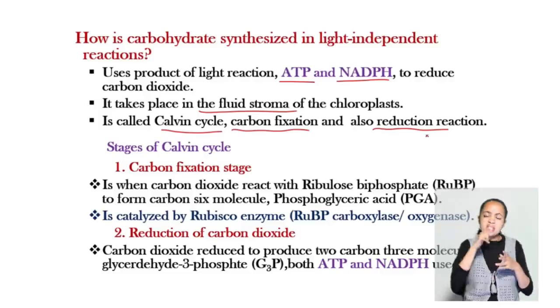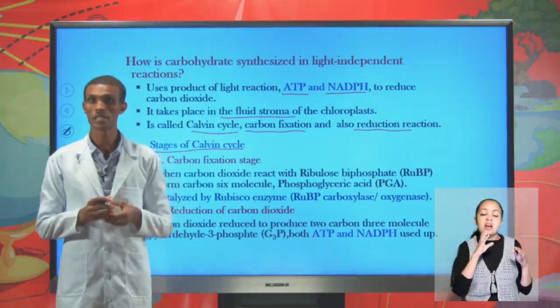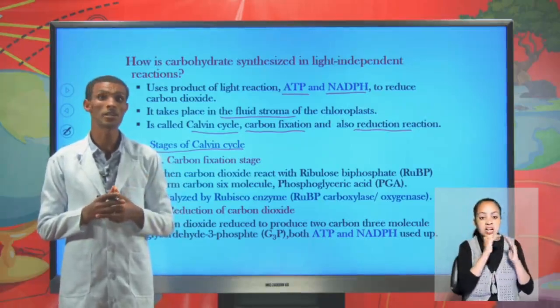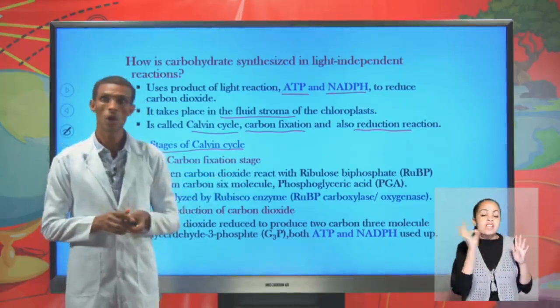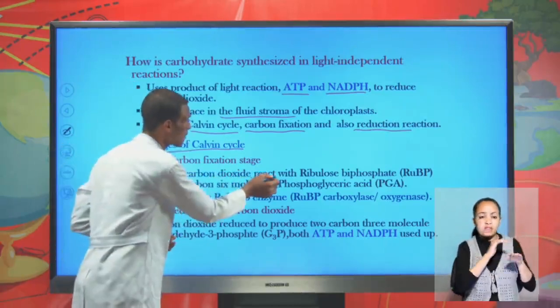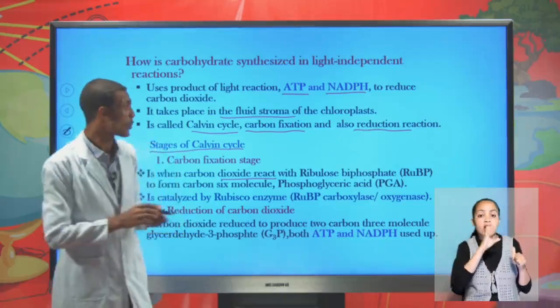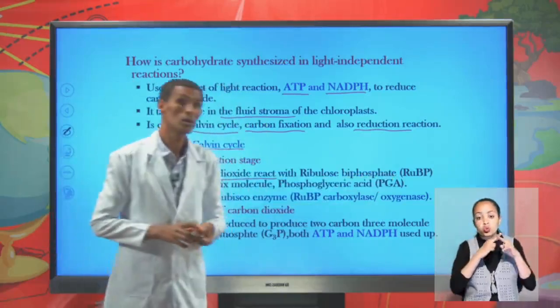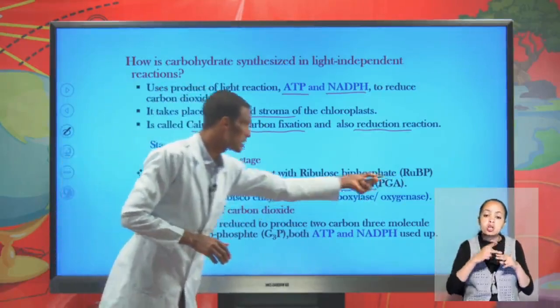There are three main stages in the light independent reaction. These stages are, in order, the carbon fixation stage, the reduction stage, and the regeneration stage. By fixation stage we mean when carbon dioxide is fixed from the atmosphere and reacts with a carbon 5 molecule called ribulose bisphosphate to form a carbon 6 molecule called phosphoglyceric acid.